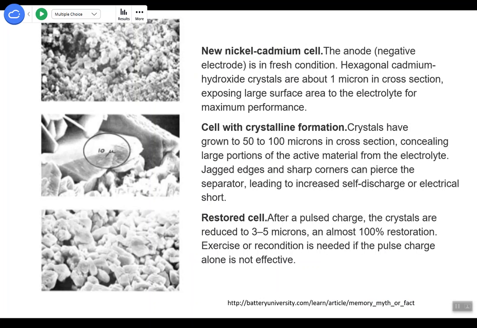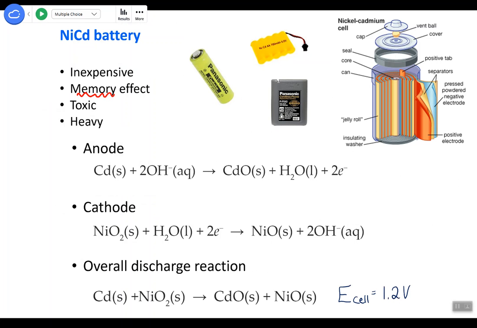Well, scientists have discovered that it was actually a buildup of crystals on the surface of the reactants, on the electrodes. So some of the reactive areas were being obstructed as the battery was charged and recharged and used over and over. But a full discharge and full recharge helped to mitigate this memory effect. But it still wasn't perfect.